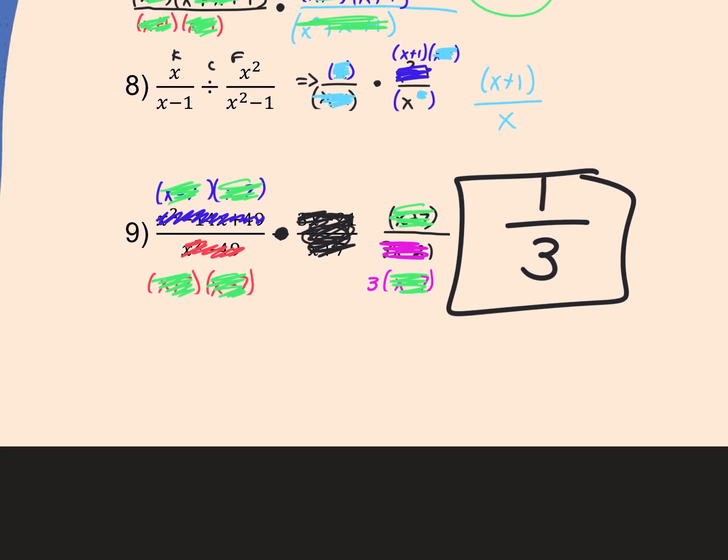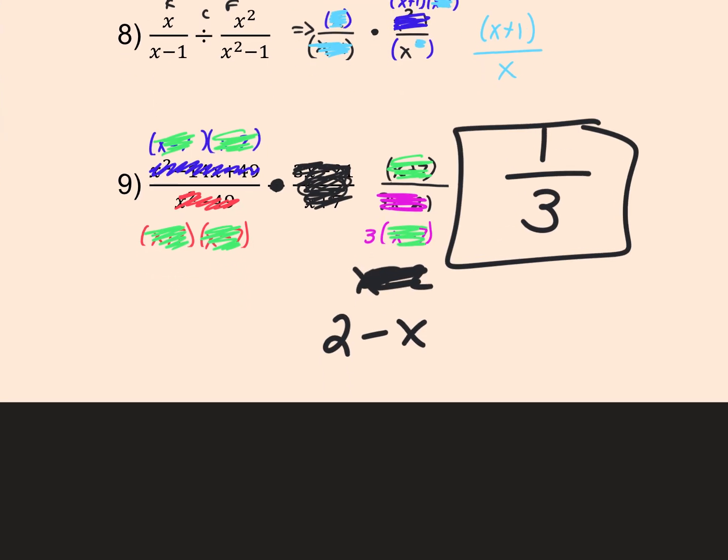Okay, one more thing I want to bring to your attention. Again, I've told you guys, if things are written backwards, you should rewrite it. This is why. You're going to see here. If I have something written like this, 2 minus x, is that the same as x minus 2? No. If you have a plus sign, it doesn't matter. If you have anything that's written backwards, I would suggest you rewrite it. How would you rewrite this?